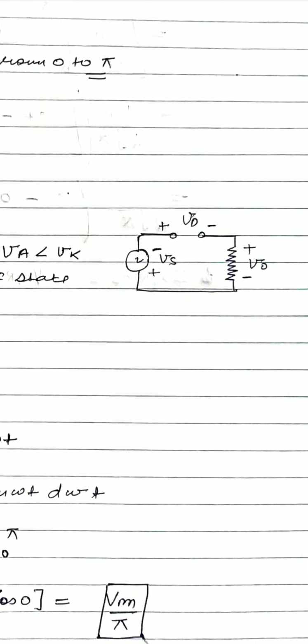Why will it not conduct? Because the anode potential is less than the cathode potential. Anode potential is negative and cathode potential is positive. And as the diode is an uncontrolled device, it will not conduct. And as it is an ideal diode, we can replace the diode with an open circuit.